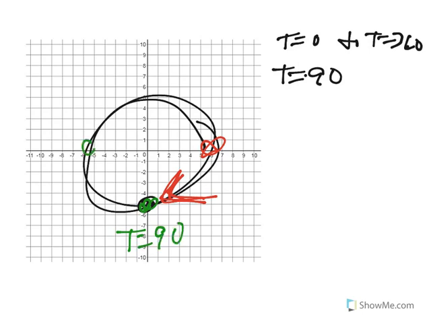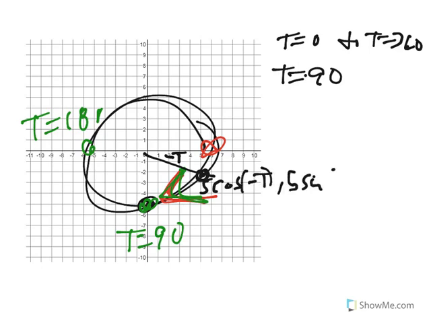And when t equals 180, I want to make that point over there so that it goes clockwise instead. Well, the way we make that happen is this point here. The angle is going to be sort of negative t. So the coordinates of this point are going to be 5 cosine negative t, 5 sine negative t.